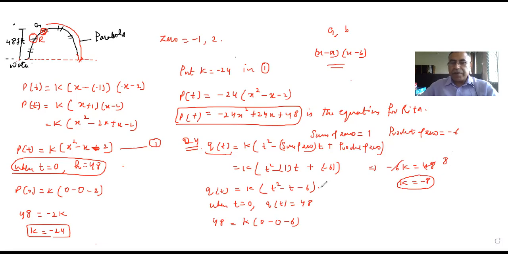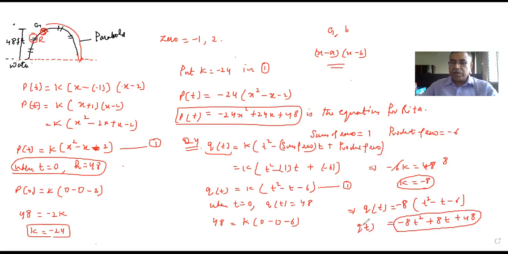So substitute the value in number 1, which implies q(t) is equal to minus 8 times (t square minus t minus 6), which implies minus 8t square plus 8t plus 48. Absolutely correct. So option C is the correct one as per the sample paper. This is the standard equation to find the height of the unknown.